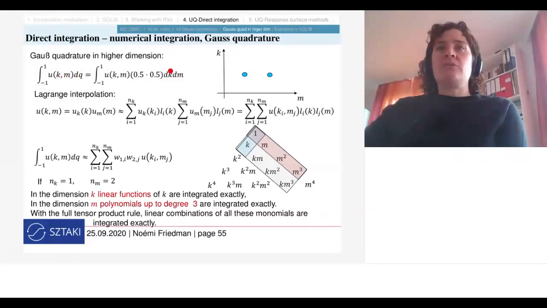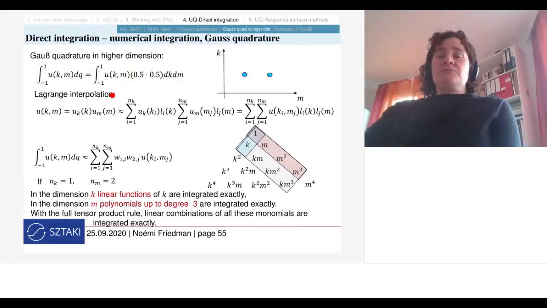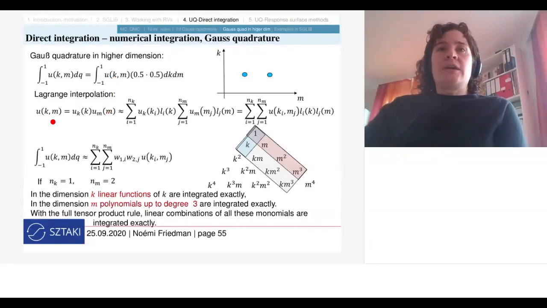If they are independent from each other, I can use Fubini's theorem, so integrate separately over the k and the m dimension. This is the weighting function that I explained to you. Both of them have the value 0.5 if they are uniformly distributed, but now I take the product of the two because they are independent from each other, so I can compute the distribution function from the product. And now I have to solve for this integral term. How can I do it?